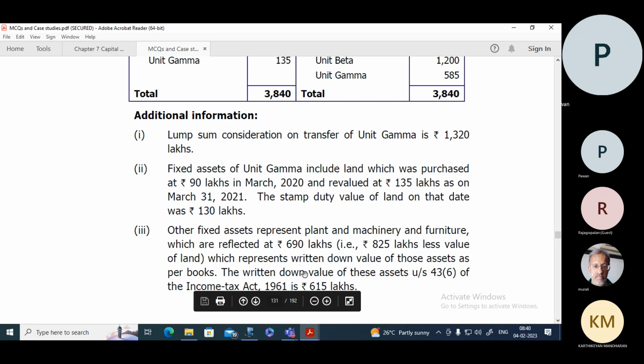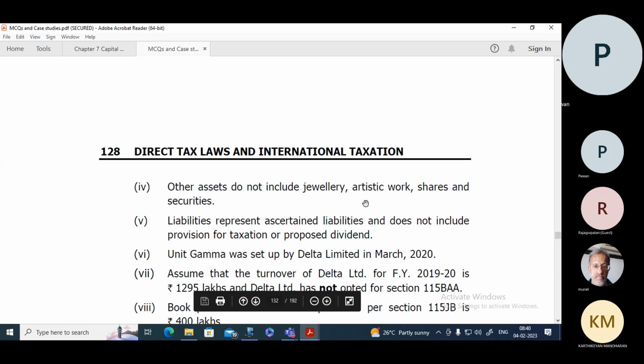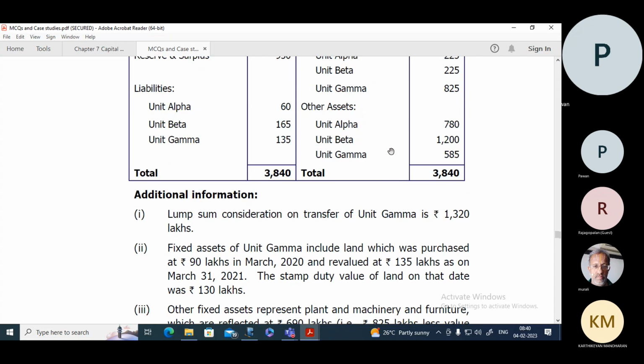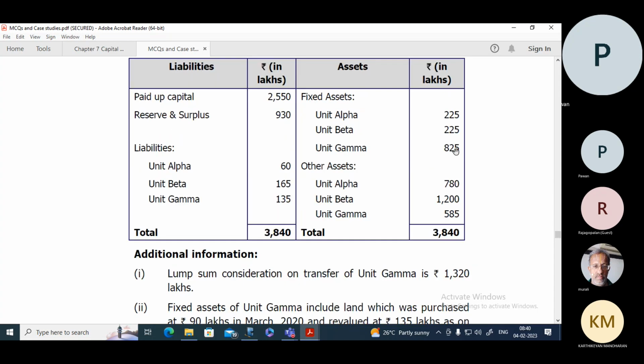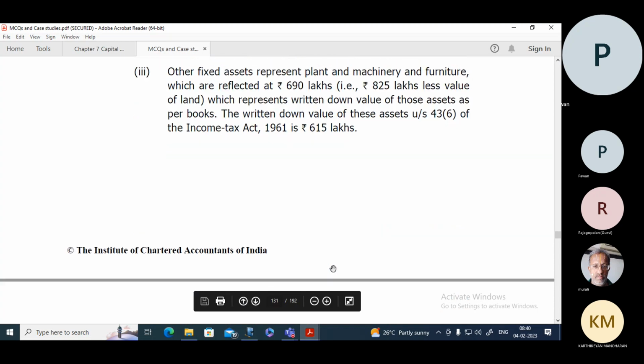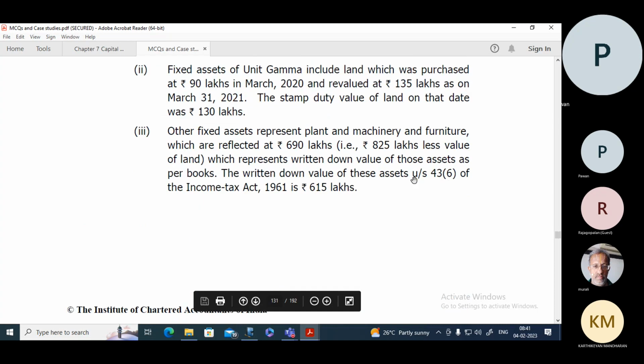So take 6.5. Then other assets do not include artistic jewelry. So therefore, you have to take into consideration only the book value. So what is the book value that you have for gamma? 585. So it is 90 plus 615 plus 585.